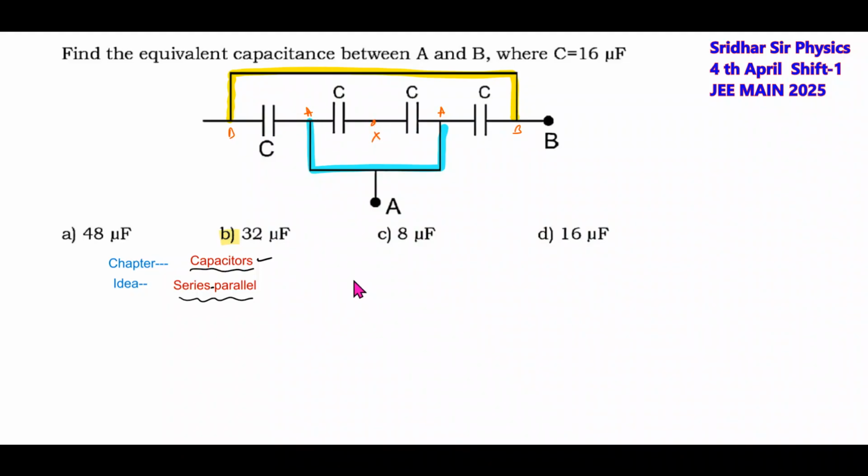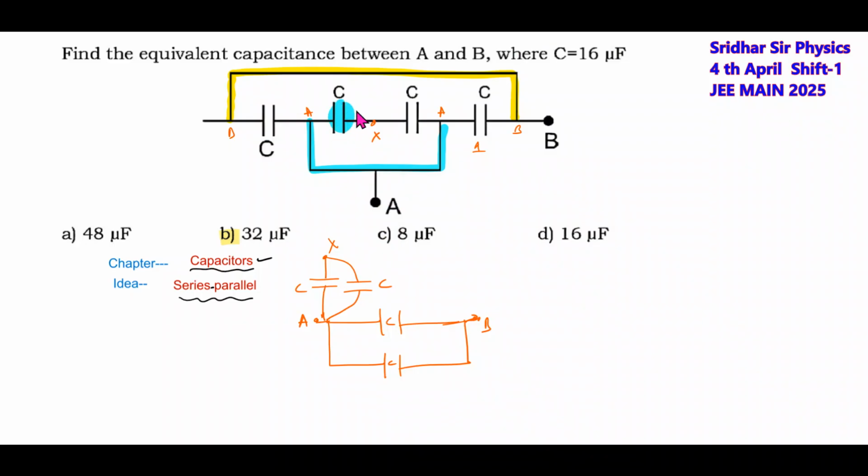We'll draw the equivalent circuit. This is A and this is B. Between A and B, one capacitor. Between the next A and B, one capacitor. Next between A and X, so X is somewhere here.